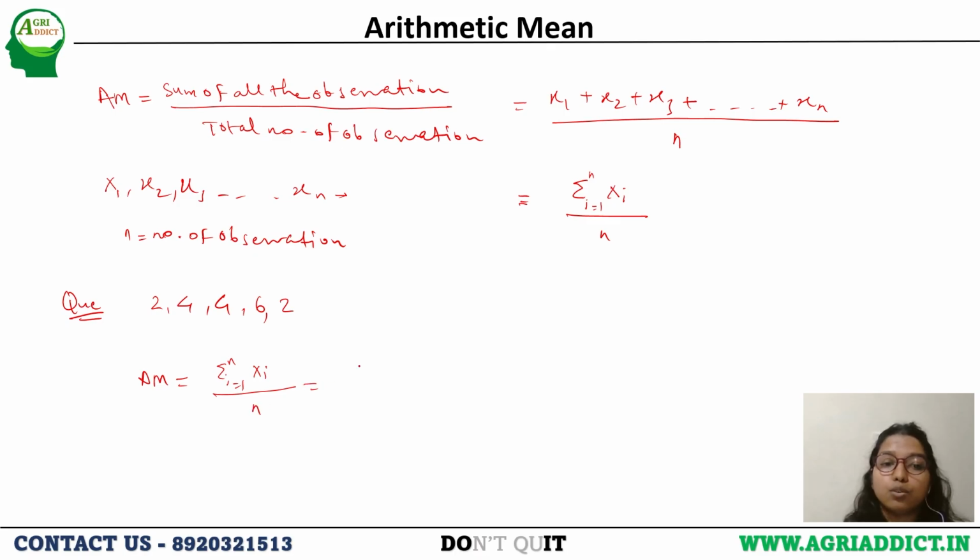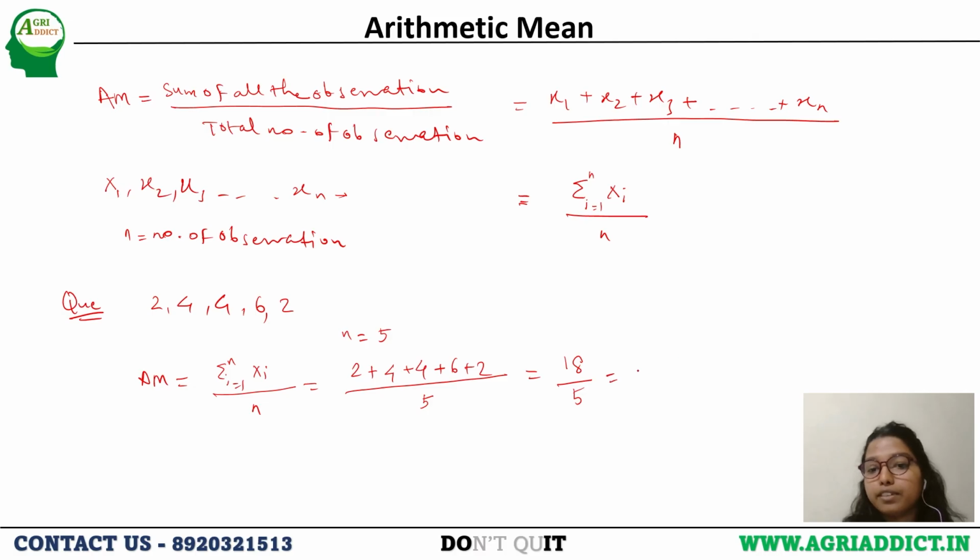Here we have to see what n is: 1, 2, 3, 4, 5. n is 5. So we will add all the observations: 2 plus 4 plus 4 plus 6 plus 2, divided by 5. Here we add 6 plus 4, 10; 10 plus 4, 14; 14 plus 2, 16; 16 plus 2, 18.